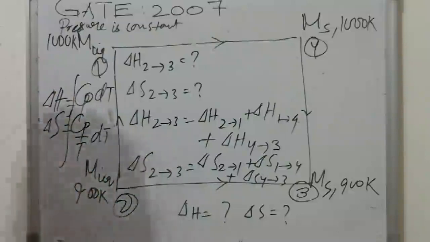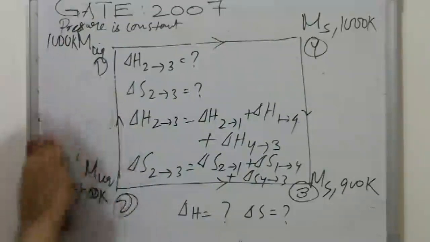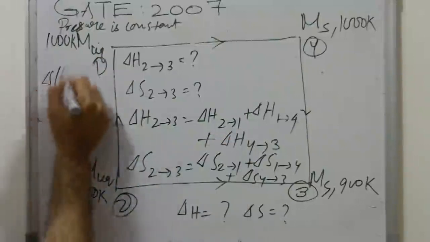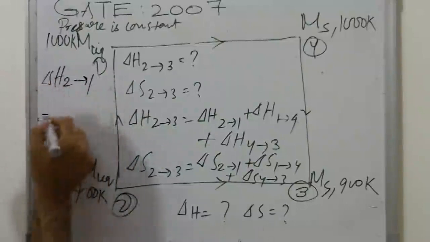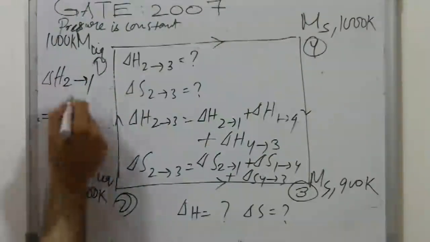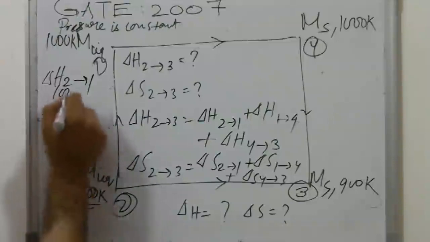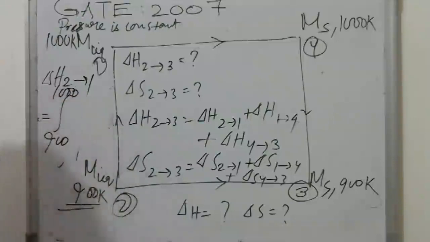So let's calculate the enthalpy first. So for this process, 2 to 1, let's do it. Enthalpy for 2 to 1 is equal to, your temperature starts from 900, you go to 1000 K. Okay, fine. Now Cp liquid is given in the problem as 30.